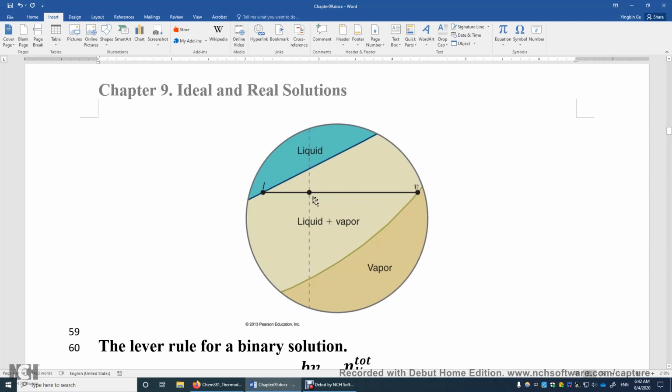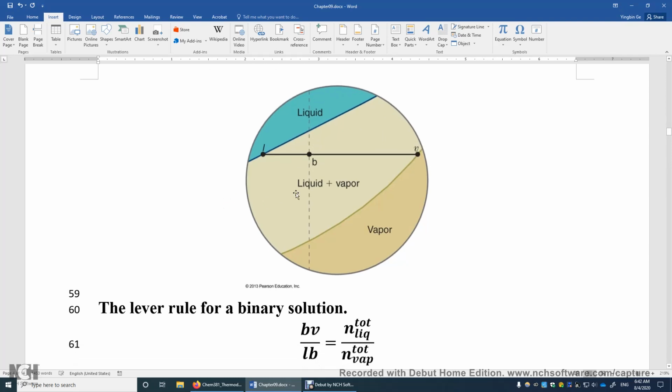But if we move this B up here, you have a long segment here and zero segment on the left-hand side, which means you have zero moles in the vapor phase. That makes sense, right? If you look at this extreme case, you'll realize this segment is indeed the number of moles of liquid.